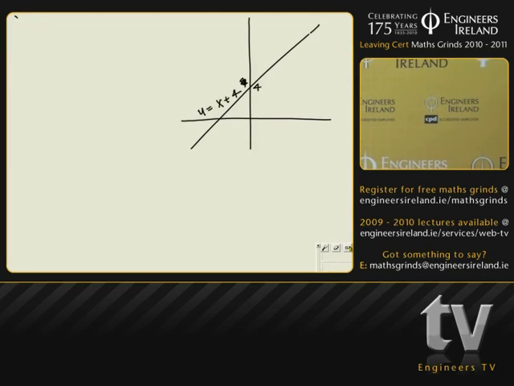So we know the slope is 1 and the intercept of the y-axis is 4. It then says when the particle is at point xy, which we can put up here, saying L is the distance to the origin.